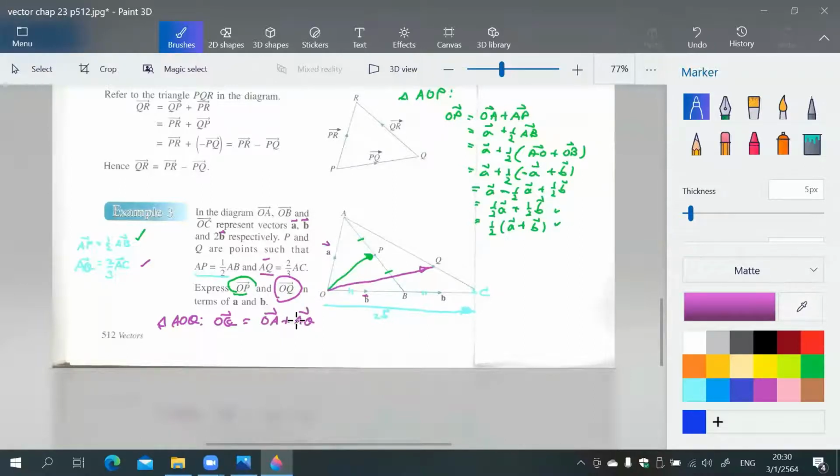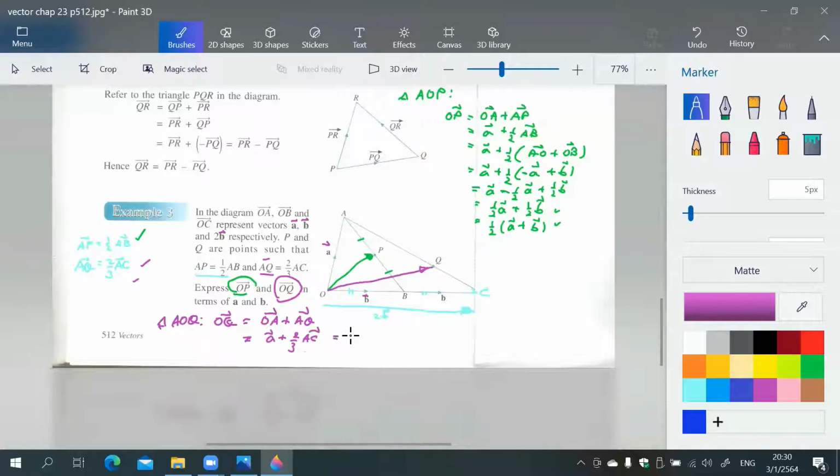See again, common point A, I have OQ equal to this. Now OA is exactly the same as this one, so it equals vector A, plus AQ, which we have from here. Vector AQ equals 2 over 3 AC, so we write down 2 over 3 vector AC.